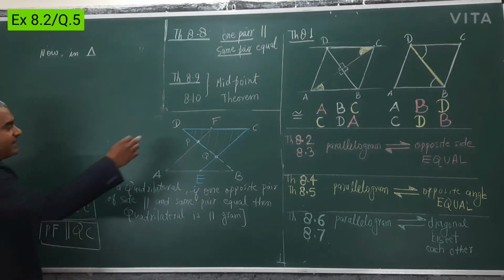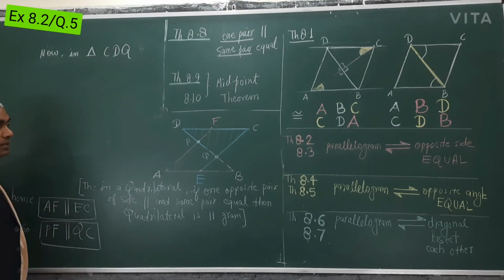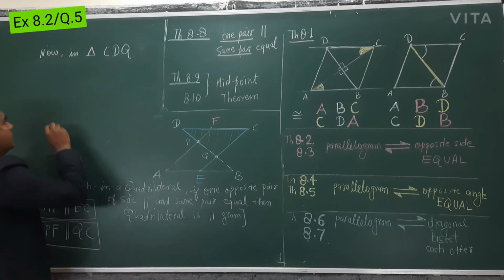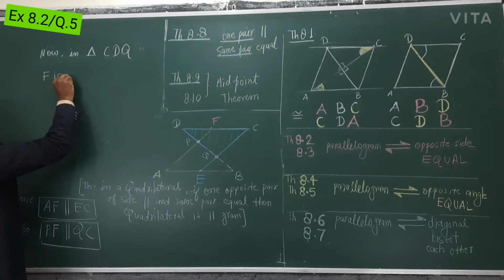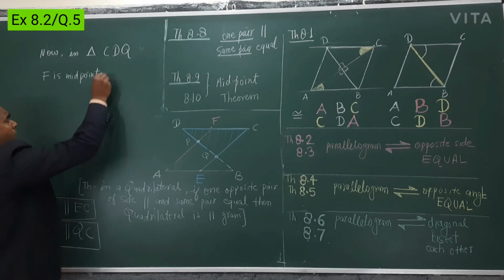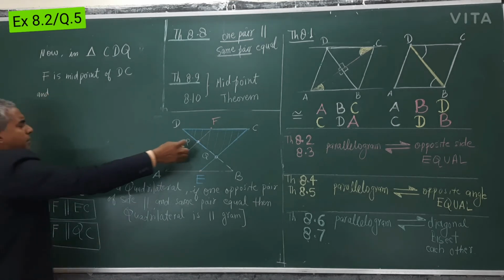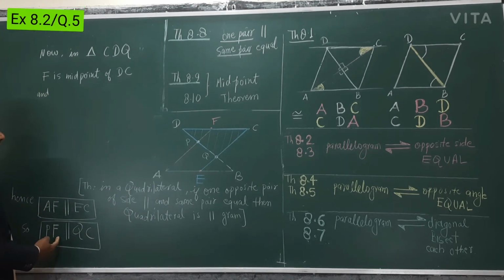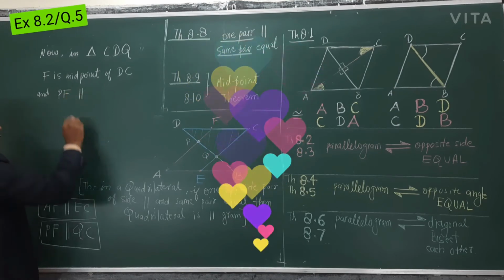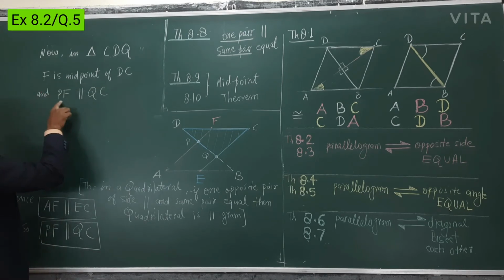So in triangle CDQ, F is the midpoint of DC and PF is parallel to QC. So one midpoint and one parallel line.